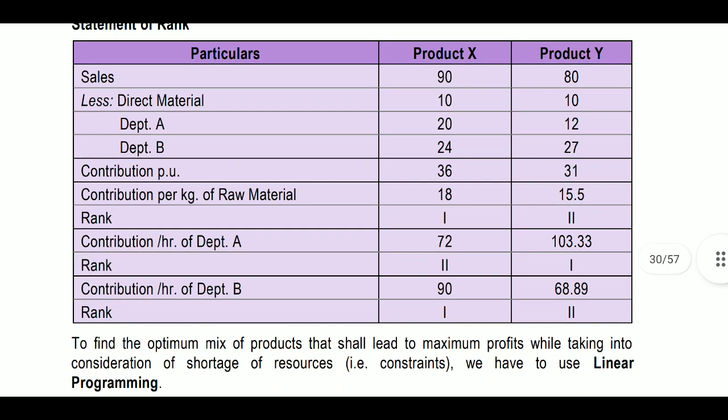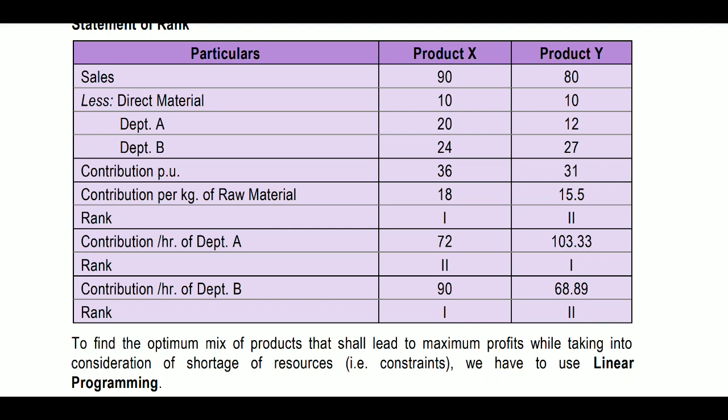Next, contribution per unit will be 36, 31. Contribution per kg of raw material, that is 36 divided by 2, will be 18 and 15.5. Contribution is highest in product X, so it is rank 1, and product Y is rank 2.